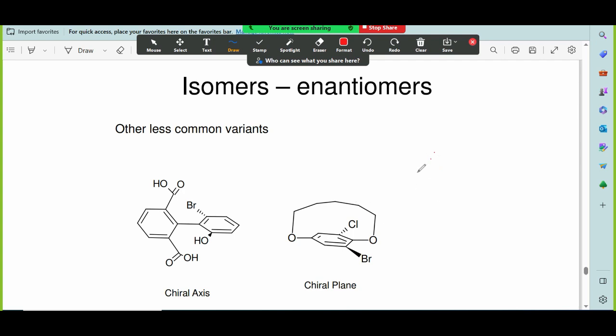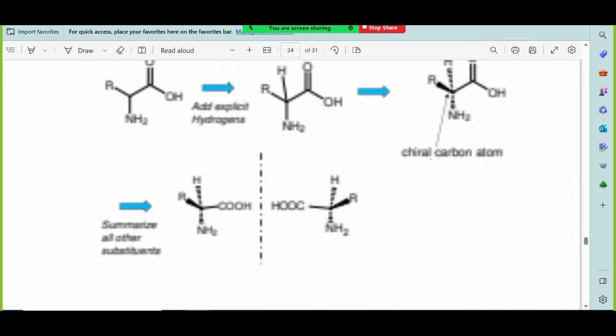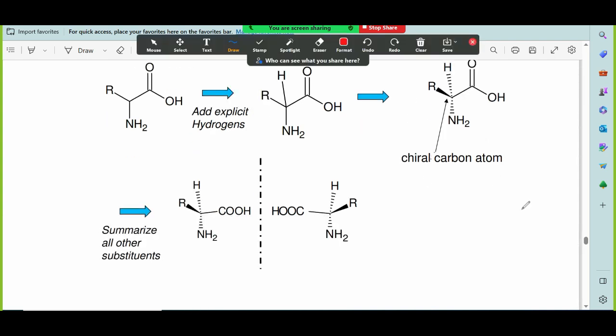Okay. Why should it be different elements? Because if you have the same, let's say all of them are hydrogen, and you turn it, you will get, for example, hydrogen pointing towards us, and here hydrogen pointing towards us, and here towards the back.